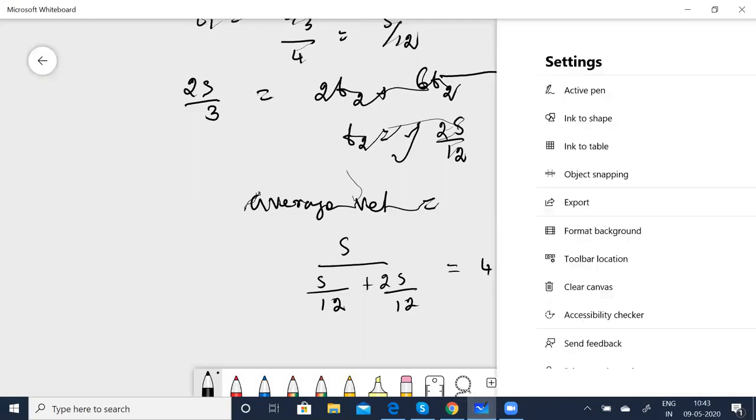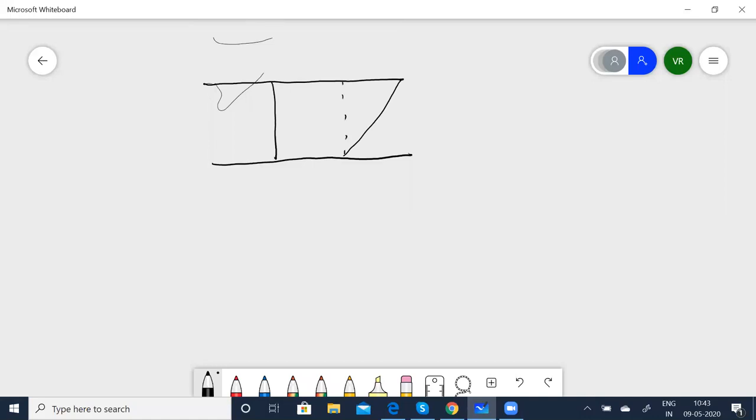Let me solve this. Let me draw the diagram. So, truck is here. Let us say this is going to move with this. Let this be the velocity V here, and let this angle be theta.